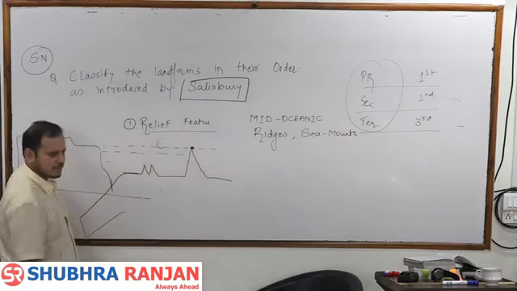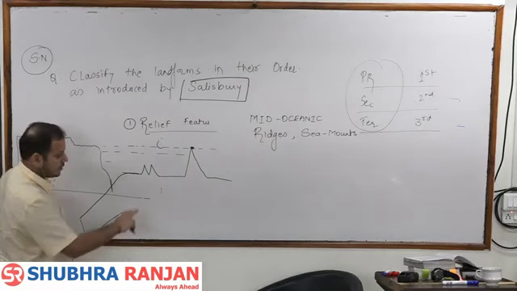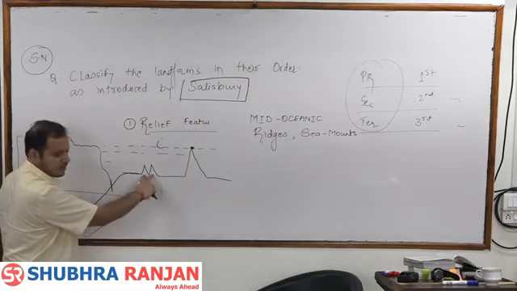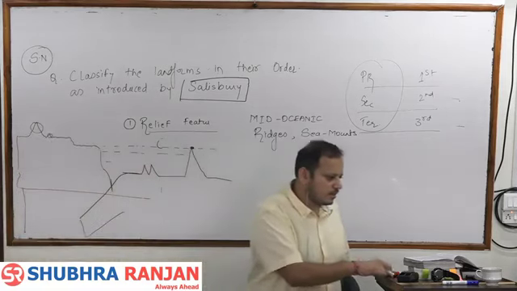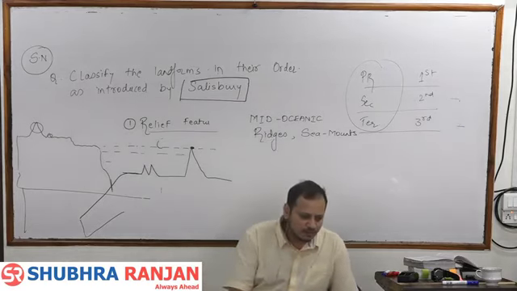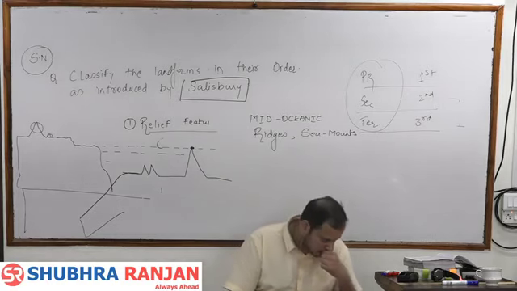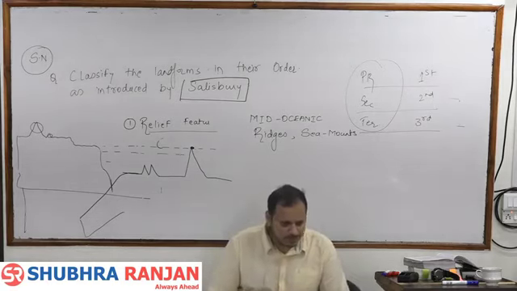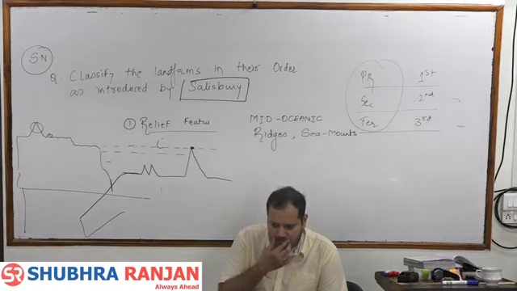This is a sea mount. A mountain which is of a lower height but parallel is known as a ridge. So mid-oceanic ridges, sea mounts are present on the ocean basins. Fine.